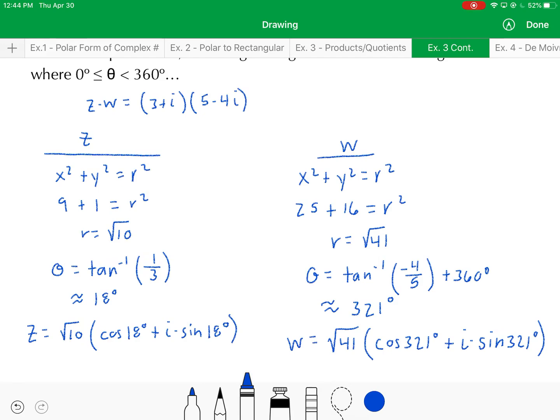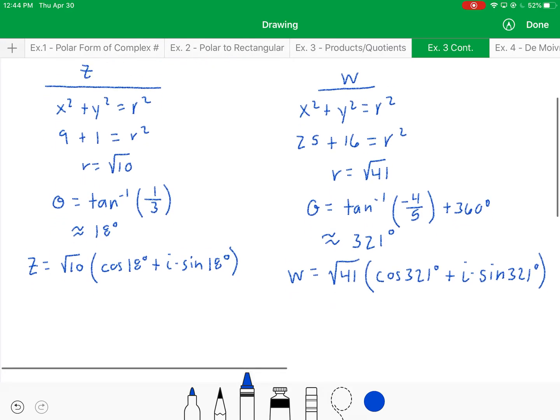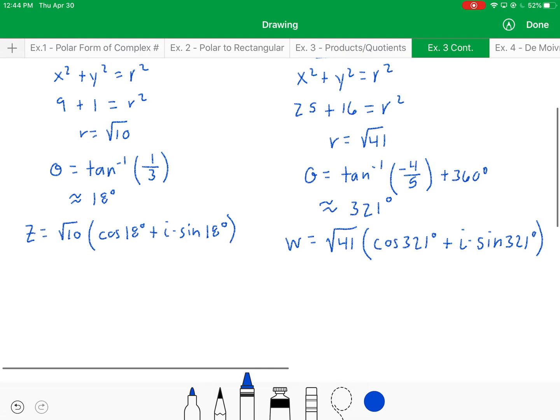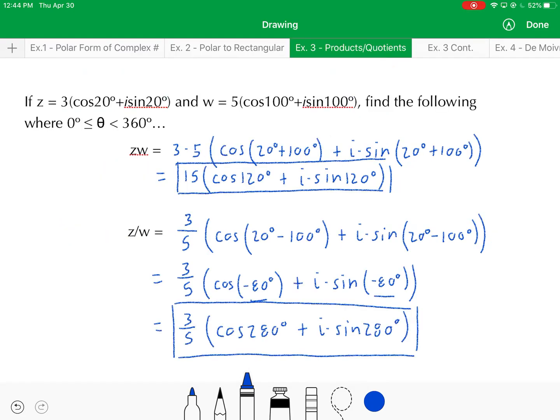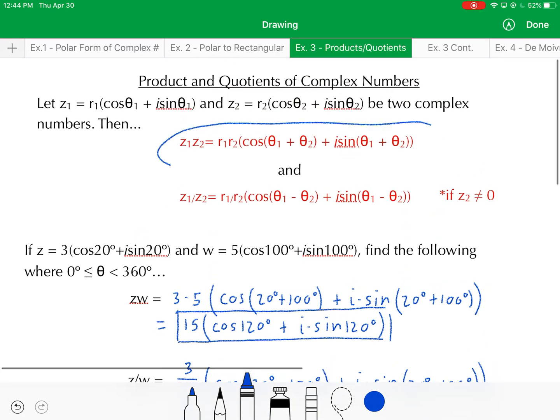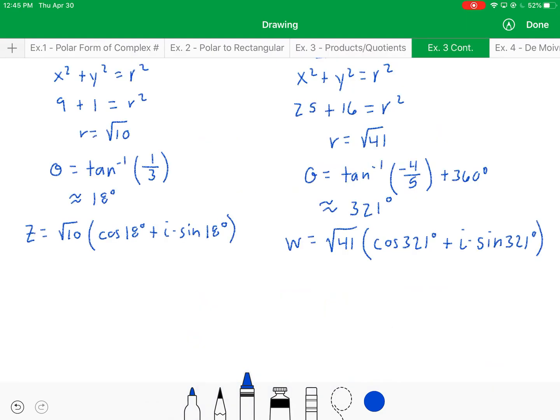Okay. All right, so most of the work's done. Now that I've got both of those in polar form, I can find their product using the formula from our previous slide, right? This formula right here. Okay. So z multiplied by w, I'll take my two r values, my two moduli, multiply those together.